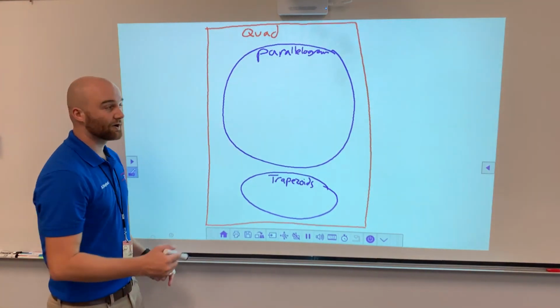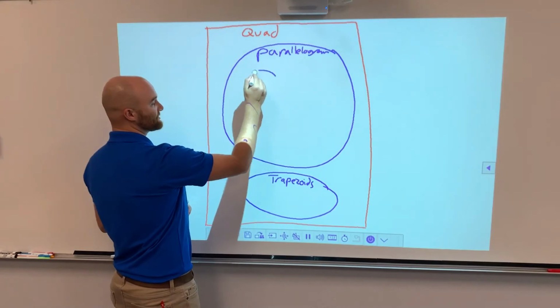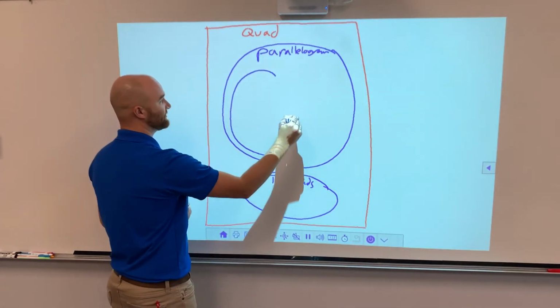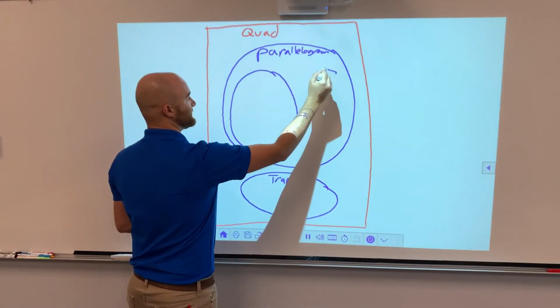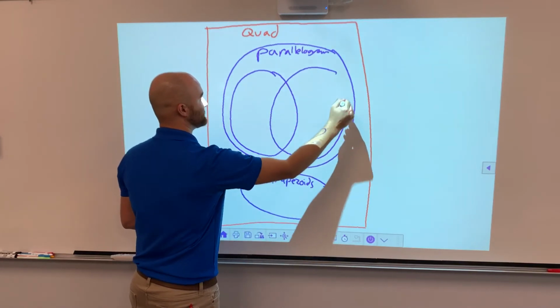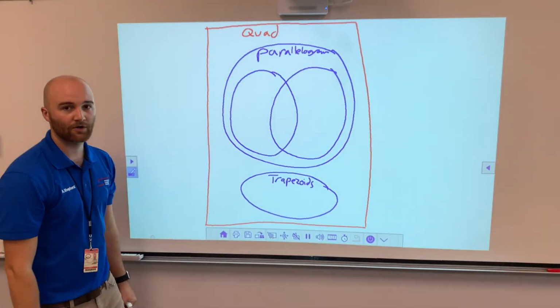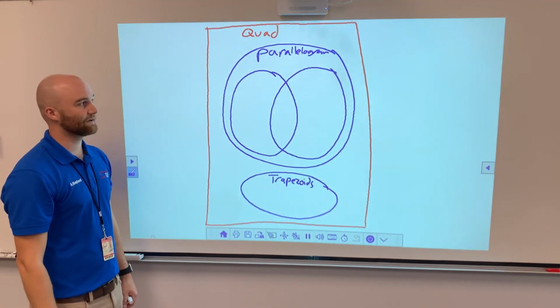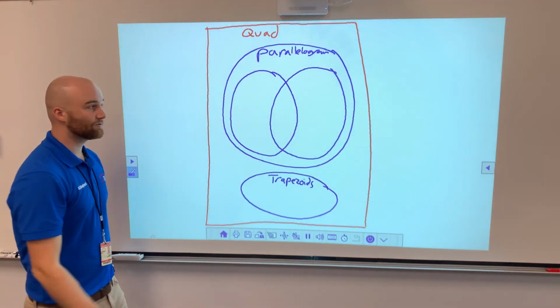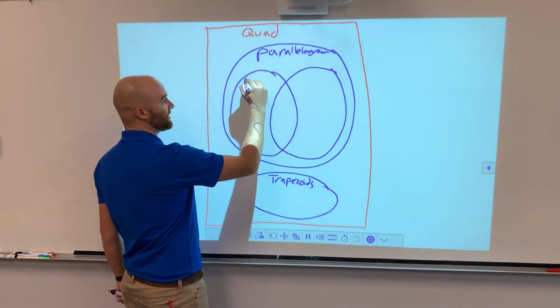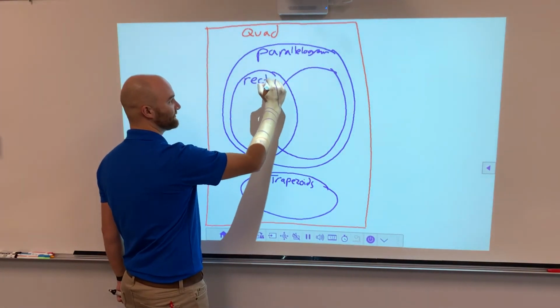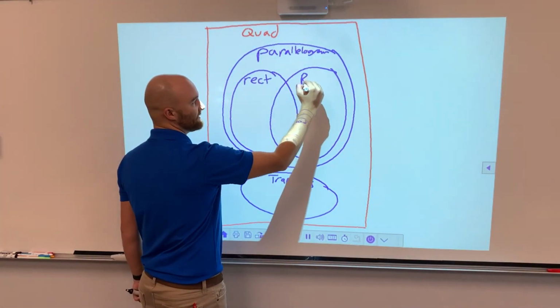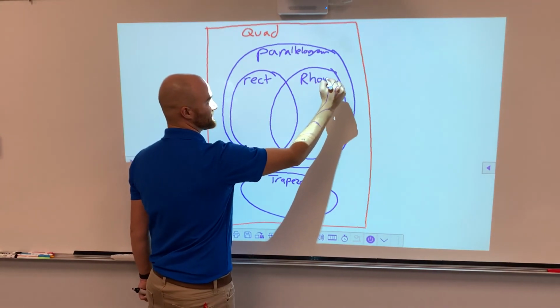Now let's add our next part. Inside parallelograms, we have some special types of parallelograms. We have two more parts, so it's going to look kind of like a Venn diagram inside your parallelograms. Inside the parallelograms, we have special kinds that are rectangles, and we have special kinds that are rhombuses.